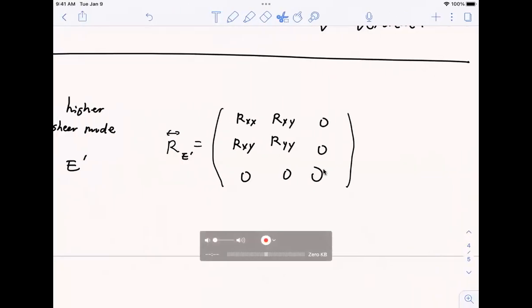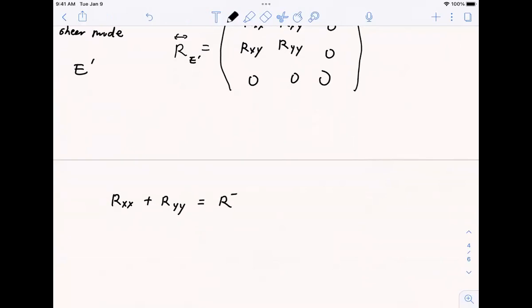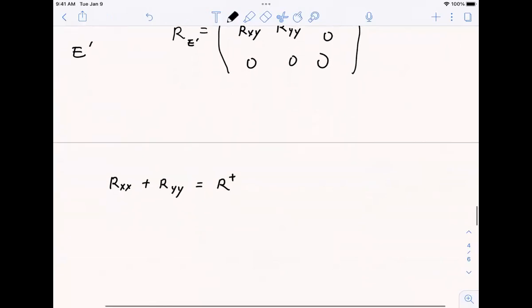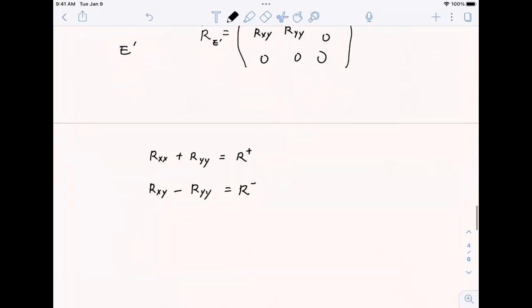So that means there will be some relationship between x and y. Okay, so let's write it like this. Let's write x plus y plus, and then let's define minus.